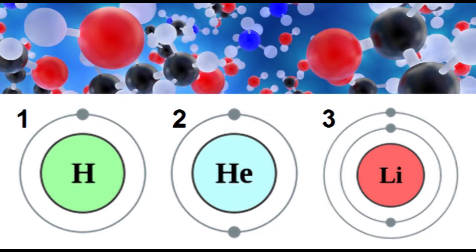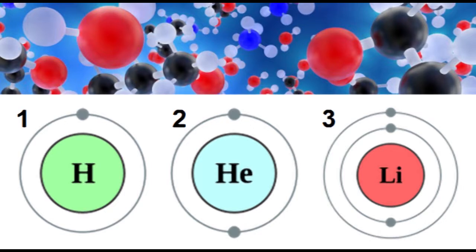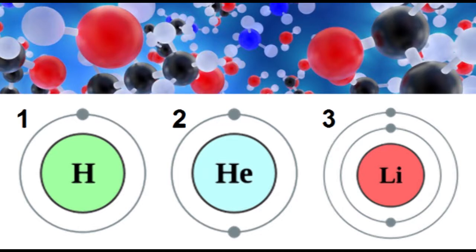Helium has 2 electrons in the first shell, which is stable. Lithium has only 1 electron in the last shell. The electronic configuration of lithium is 2 and 1. And so before these atoms can bond to each other, they must have a stable state electronic configuration.